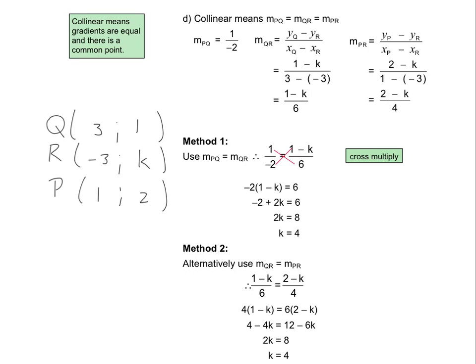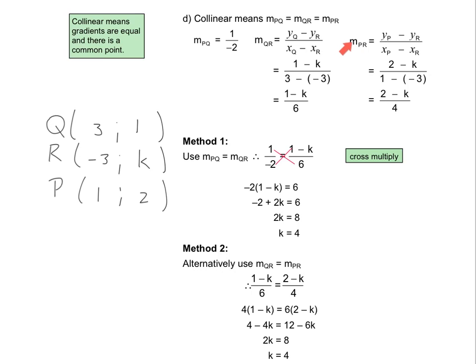So for the gradient of QR, we take the difference in y values, 1 minus k, over the difference in x values, 3 minus minus 3. We then simplify, the minus times the minus becomes a plus, and 3 plus 3 is 6 below the fraction line. So the gradient of QR is 1 minus k over 6.